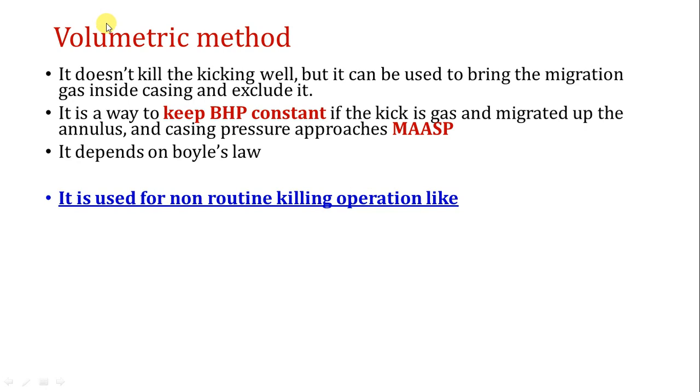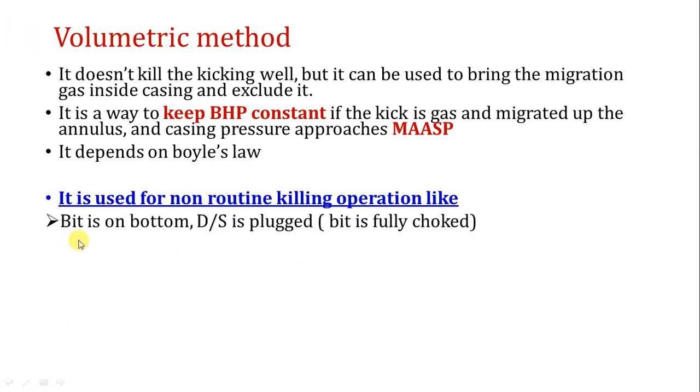The volumetric method is used when you cannot circulate, or when you cannot easily circulate, or when you cannot use the driller method or the wait and weight method. So here the volumetric method is used when, first, the bit on the bottom is plugged, so you cannot circulate. Second, there is failure in the float valve and drill pipe pressure, and it has failed, so you cannot pump through it, so it is also plugged.